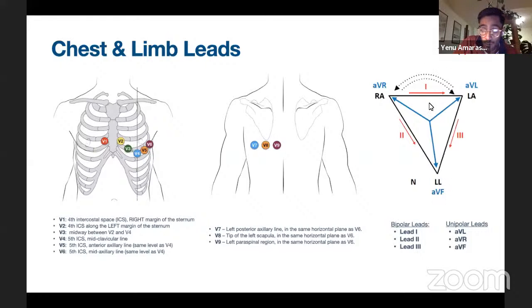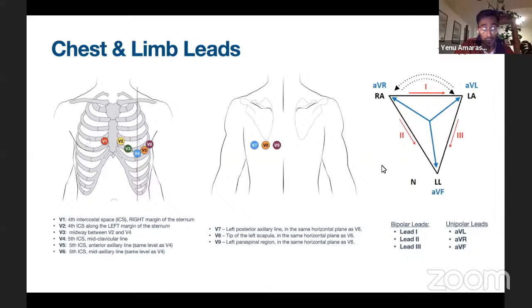So lead 1 is the vector going from AVR to AVL, and lead 2 is between AVR to AVF, and lead 3 is between AVL to AVF. And these ones, or the bipolar leads, are a bit more of a physiological understanding. It's not a practical aspect, but it might be useful.